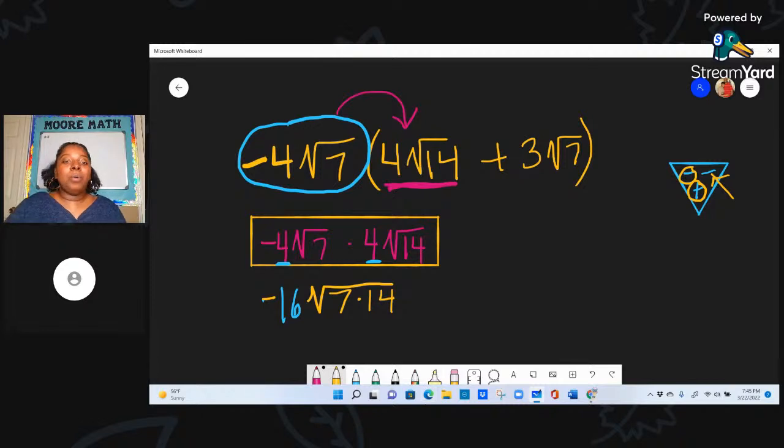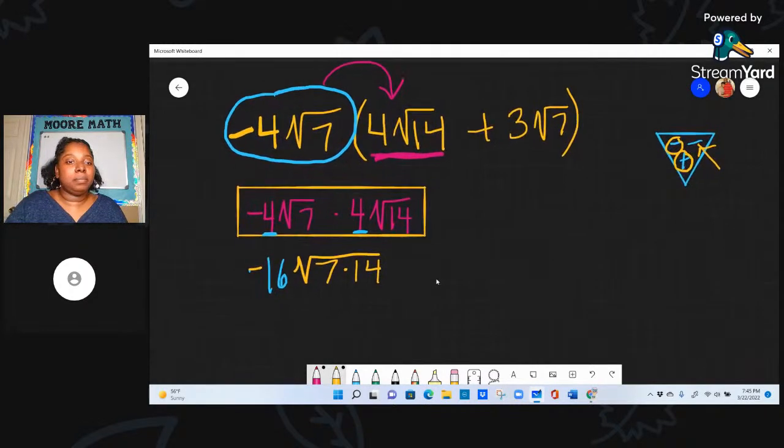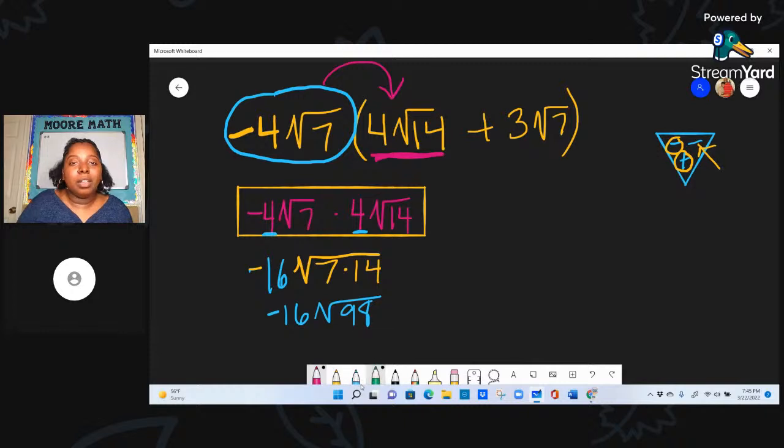Okay. Now, what's 7 times 14? 98. Good. You did that quick. Okay. So we have square root of 98. So far, so good. All right. Now, let's take this. So plus, bring down that plus sign.